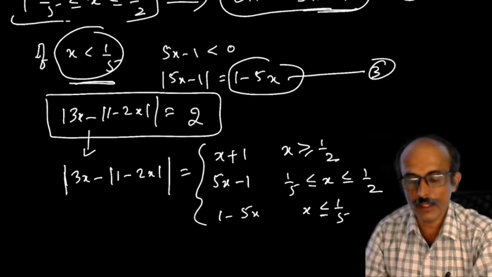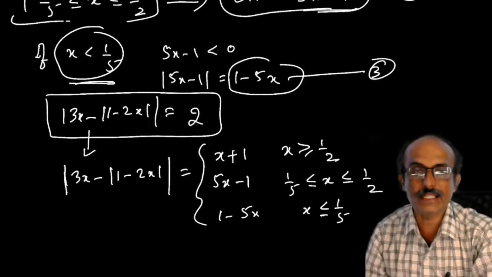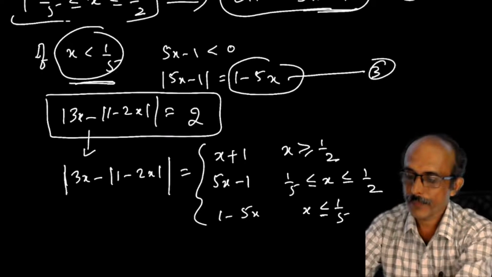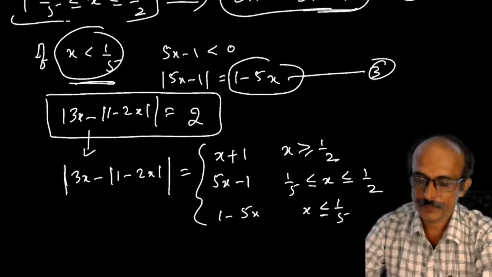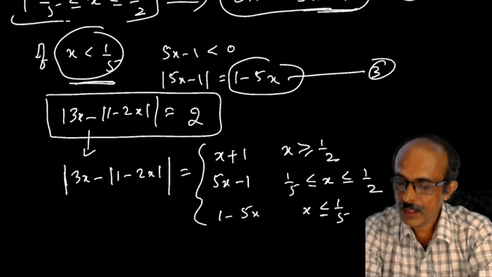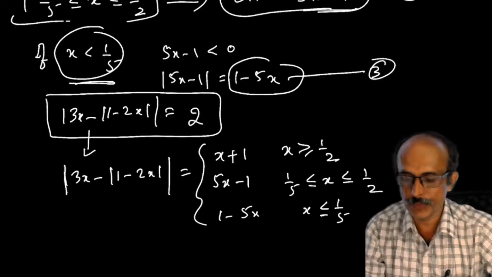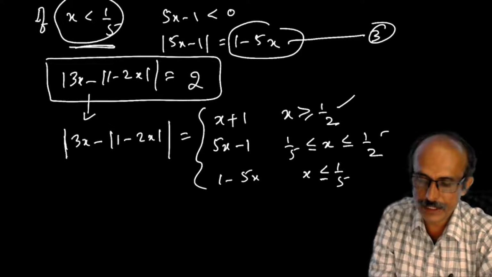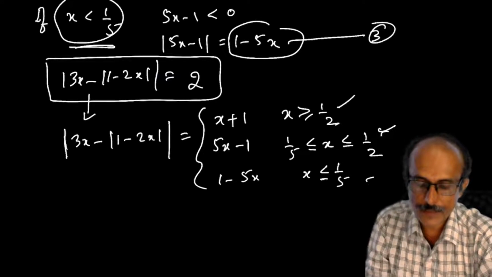So how many x values are there so that the left hand side is equal to 2? You can see that from the following, 3 cases, 3 formulas.